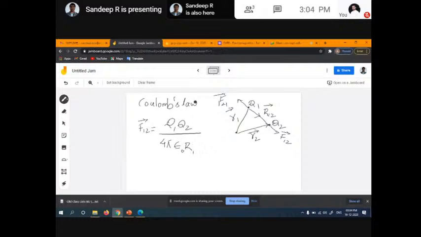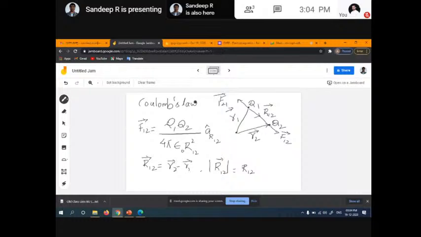Which is nothing but the R12 square and unit vector AR12, where R12 is nothing but the vector which is equal to R2 minus R1, and the magnitude of R12 which we have written here, R12 vector magnitude is written as R12.